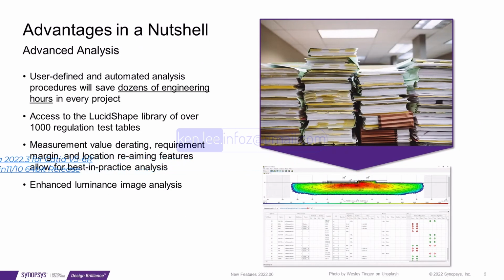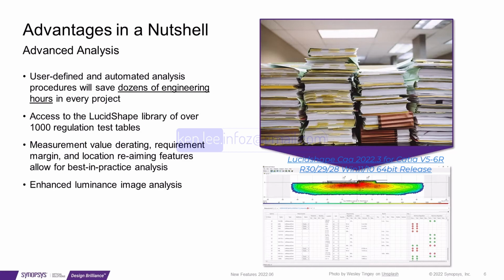Before we go into the details, let us take a look at the advantages in a nutshell. You have now user-defined and automated analysis procedures, which will save dozens of engineering hours in every project.